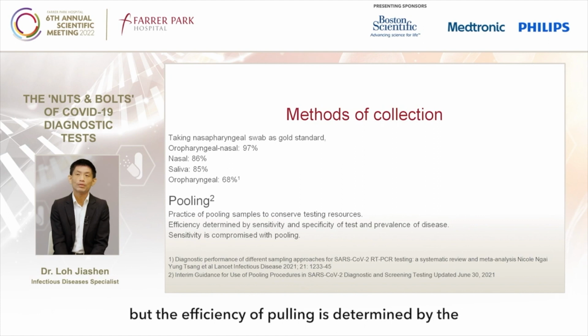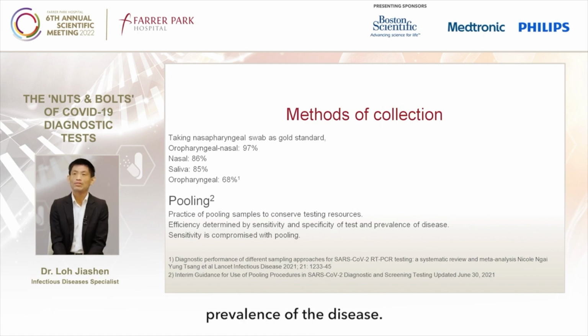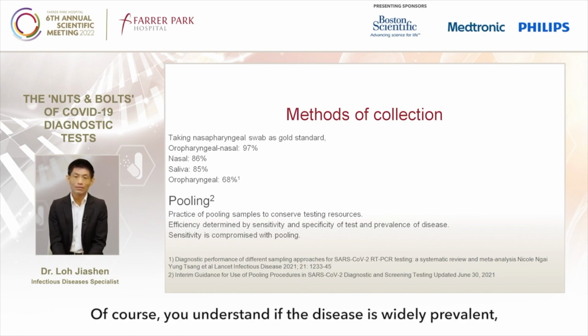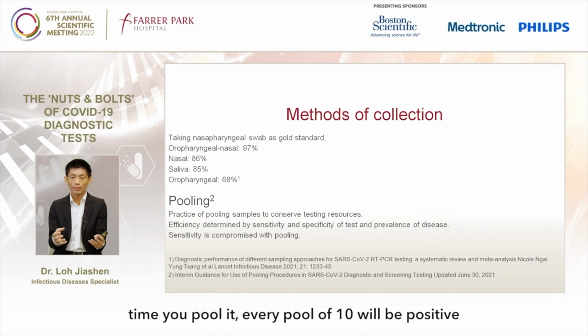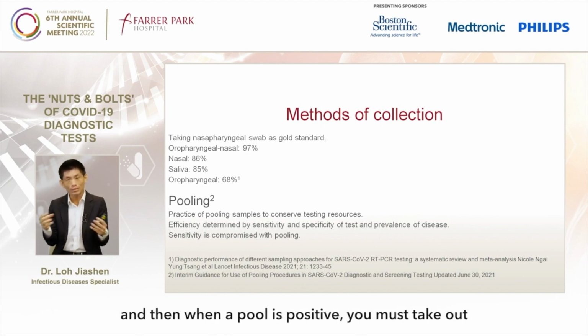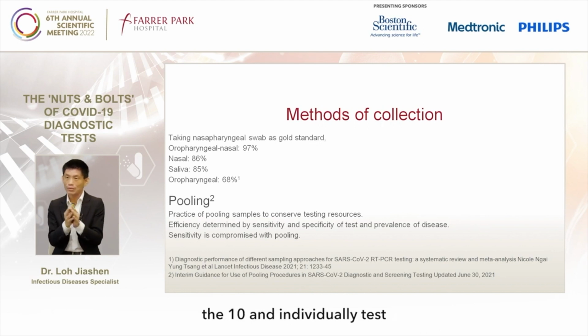But the efficiency of pooling is also determined by the prevalence of the disease. Of course, you understand if the disease is widely prevalent, then if you pool 10 people, every pool of 10 will be positive. And when a pool is positive, you must take out the 10 and test individually.